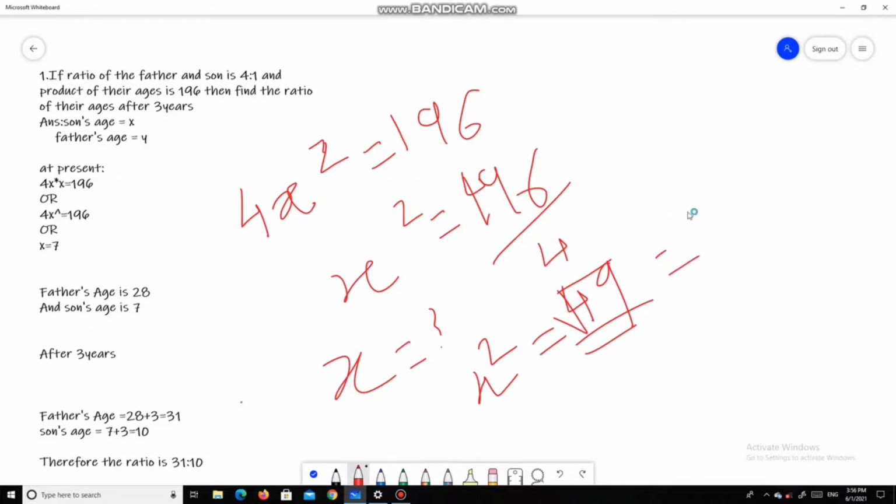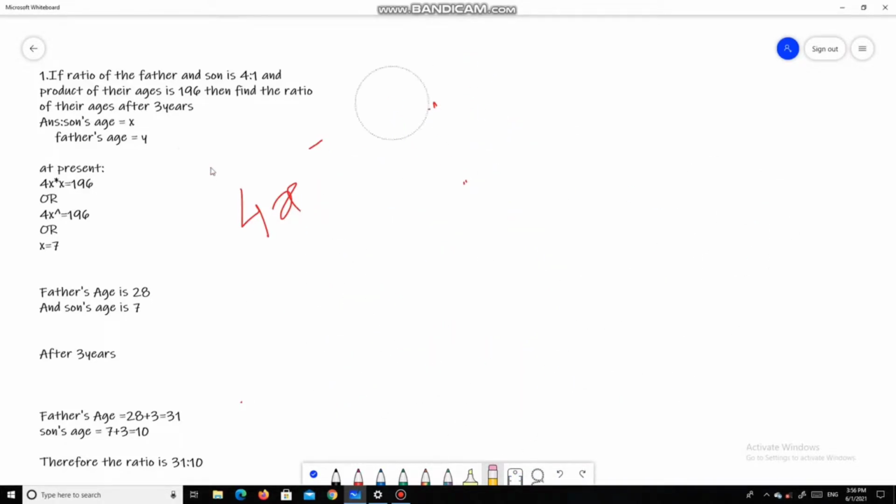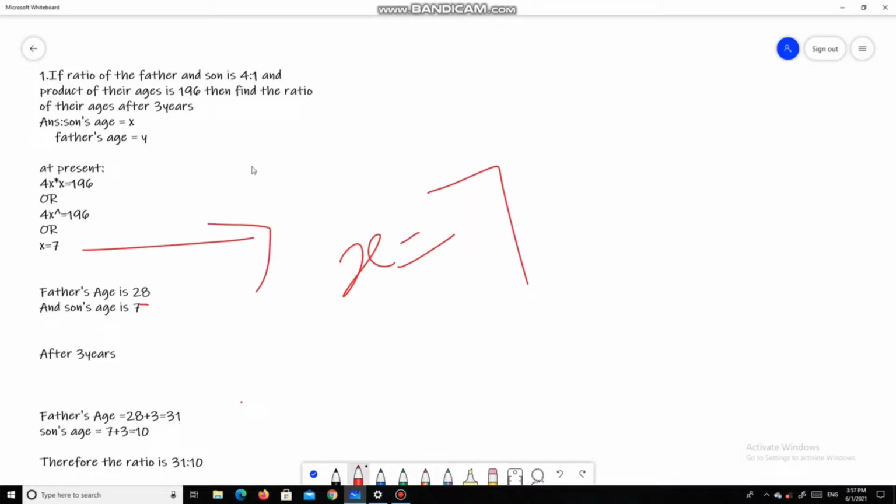Therefore the square root of 49 is 7, because 7 into 7 is equal to 49. Therefore x is equal to 7. This is how the 7 came at this place. This is the explanation of the number 7.